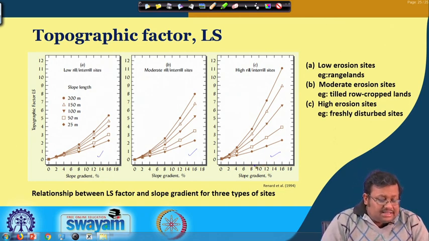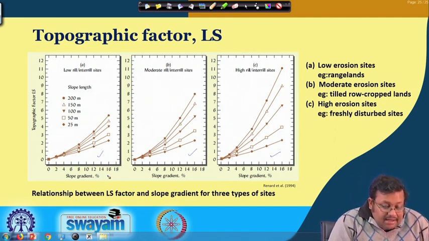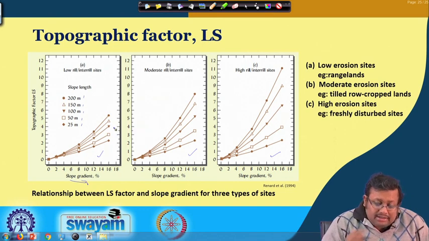In all these cases, as we increase the slope gradient, and the slope length, these are slope lengths of 25 meter, 50 meter, 100 meter, 150 meter, 200 meter. For all these cases, with the increase of the slope gradient, the topographic factor LS is continuously increasing, because both the slope gradient is increasing as well as the slope length, that is L. So ultimately the topographic factor is also increasing in all these three conditions.